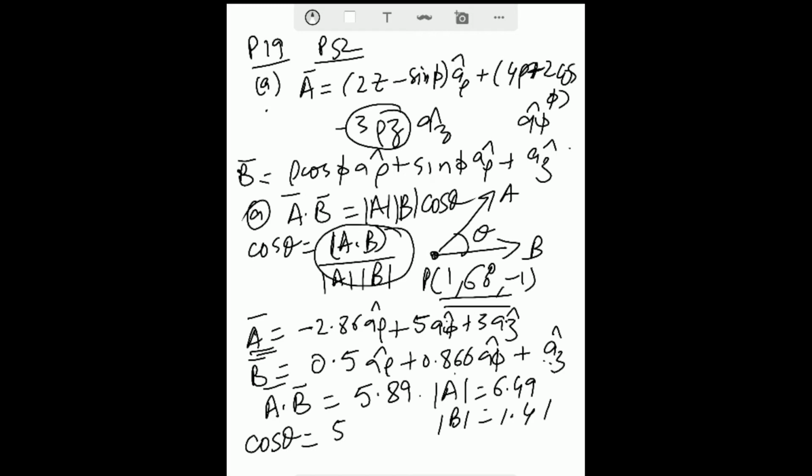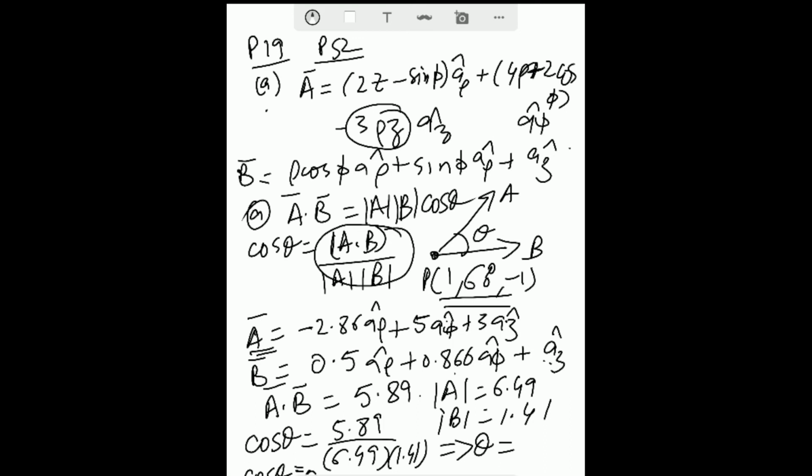It will be A dot B, which is 5.89, divided by 6.49 multiplied by 1.41, and when I take the cosine inverse, in degrees, it comes out to be, so cosine theta is equal to 0.6418.